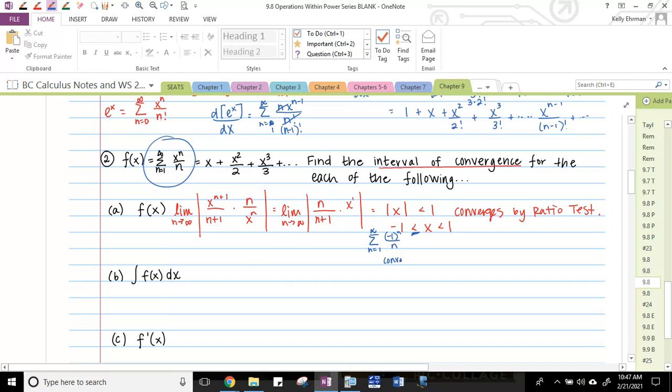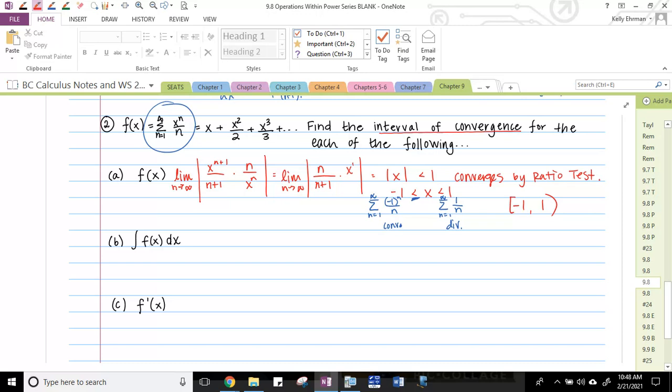So I'm going to include negative 1. What happens if I put in positive 1? I get 1 to the n, which is just 1 over n. That's the harmonic series not alternating, so that diverges. So the interval of convergence is including negative 1 up to 1, but not including 1.